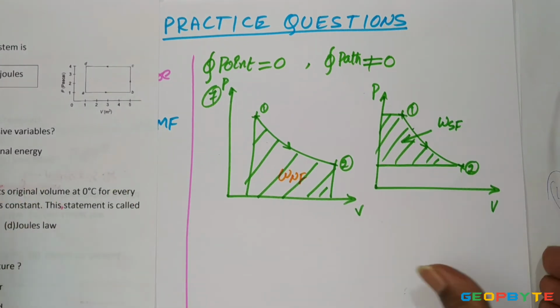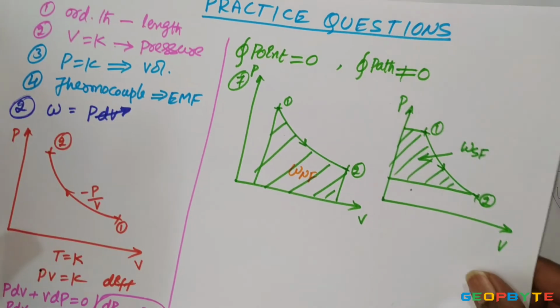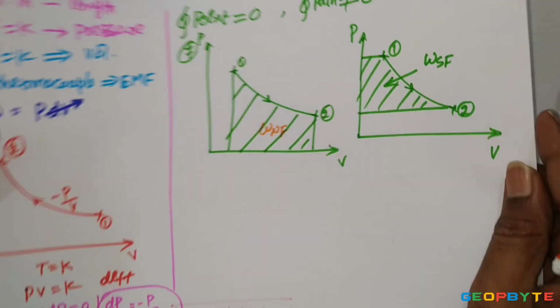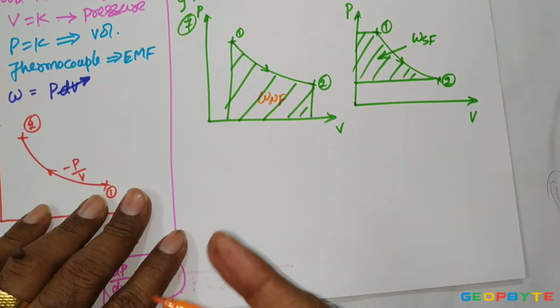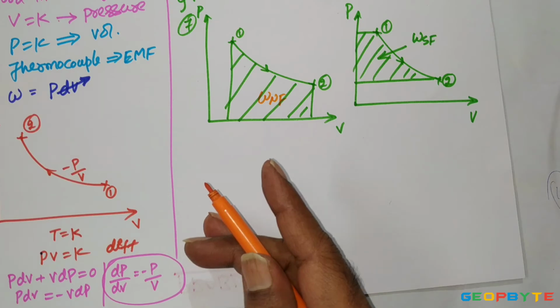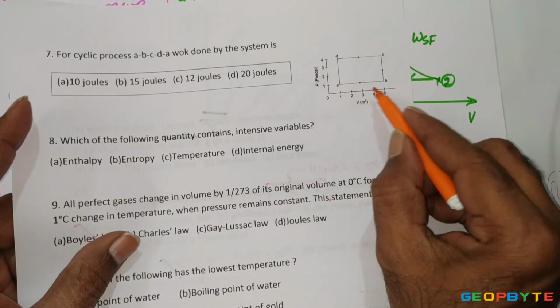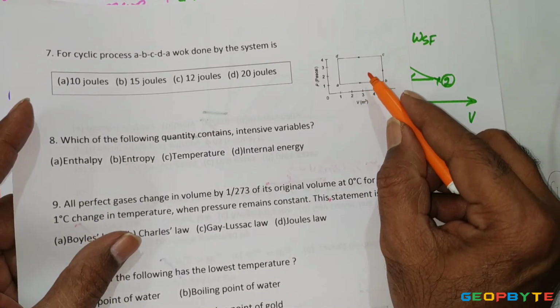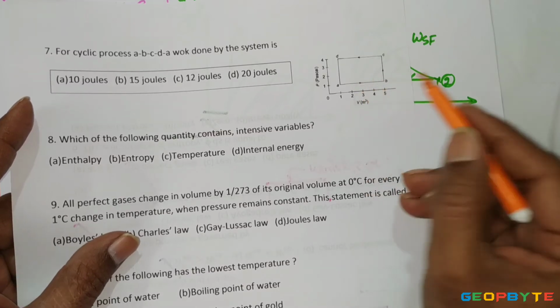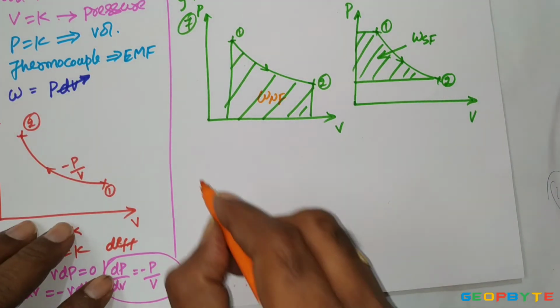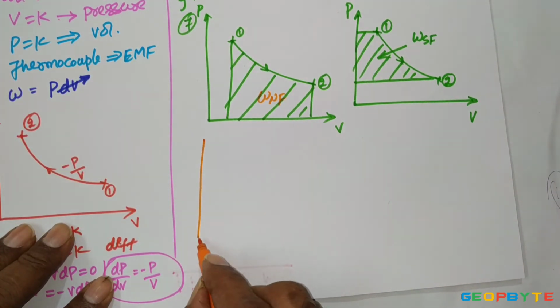But remember, dear students, if it is for a cyclic process, because our problem is given for a thermodynamic cycle, the thermodynamic cycle is looking like a rectangle, that may be an imaginary cycle.